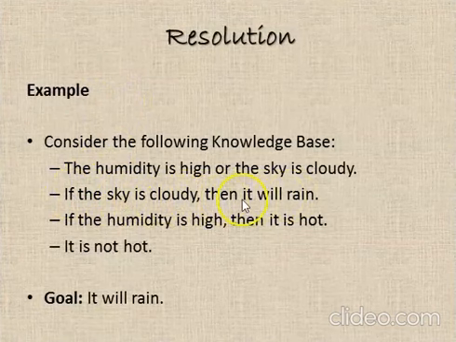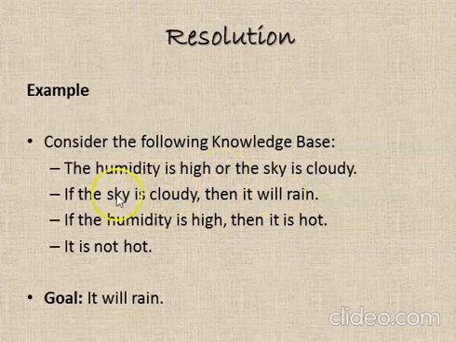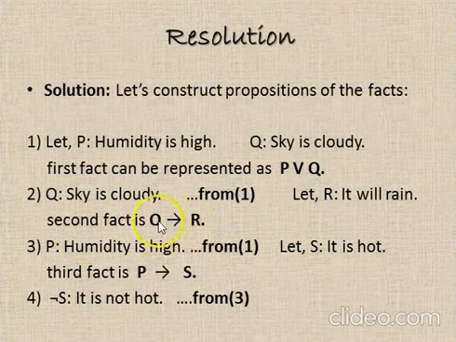These are related, while these are not related. This statement is related to this statement. So if the sky is cloudy, then it will rain, which can be turned into Q implies R. If the sky is cloudy, it will rain.